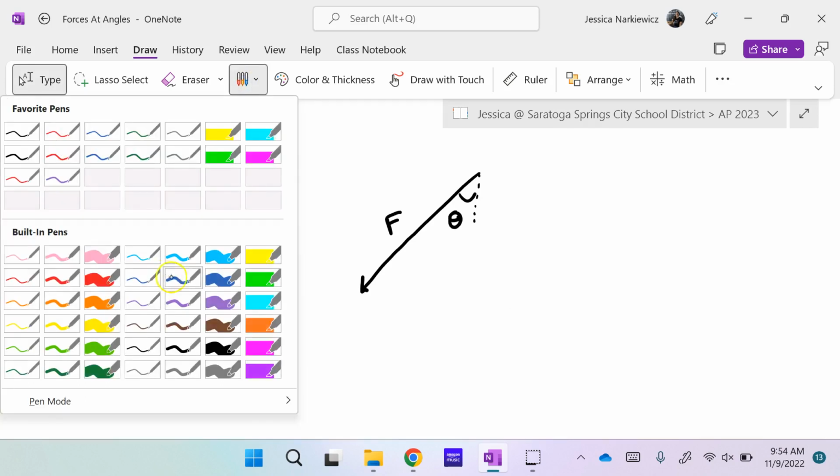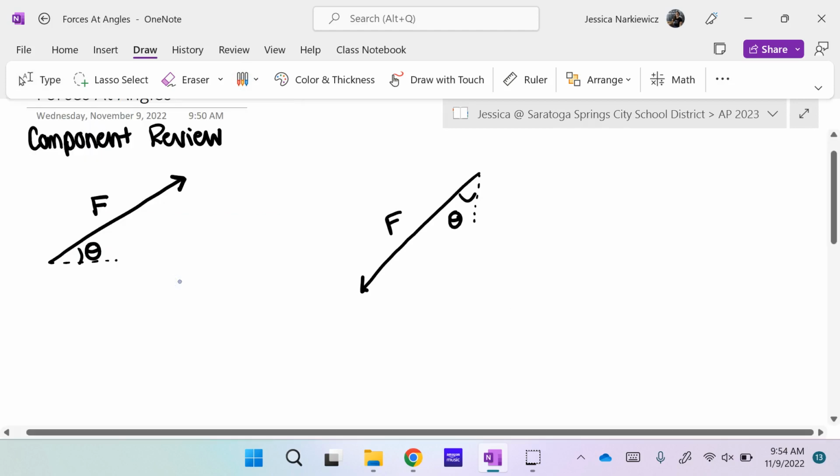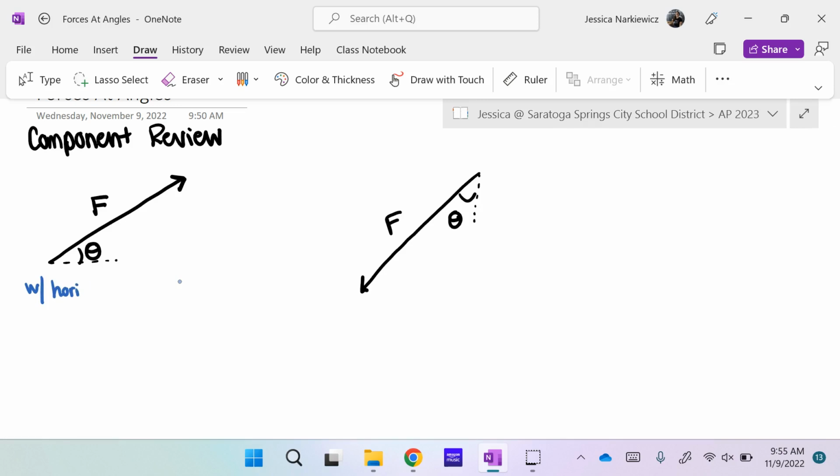Okay. So let's say we have a force F at an angle theta. This angle would be considered with the horizontal, because it's with the horizontal side of the triangle. That horizontal side of the triangle would be called the x component. The vertical side would be called the y component. Now we can use SOHCAHTOA to figure out how to find those x and y components.